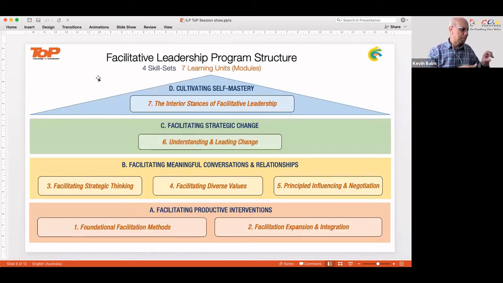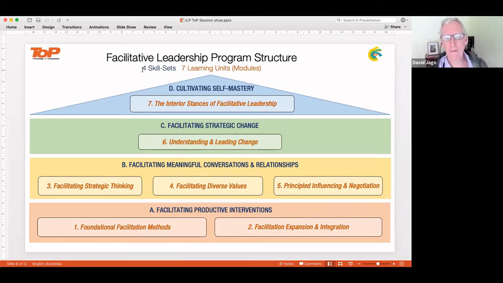Okay, so one of the things that's fun, from my perspective at least, around our facilitative leadership program is that we train facilitation using facilitation. And so it's experientially led, and then people go through and unpack that experience and figure out what's going on underneath. And then that also works at the flow of the overall program.